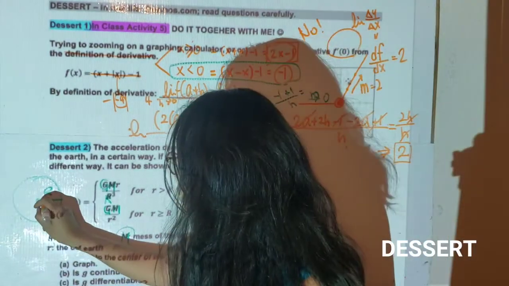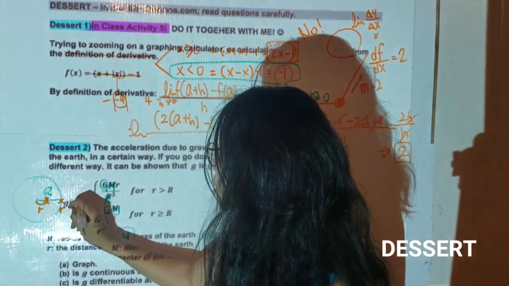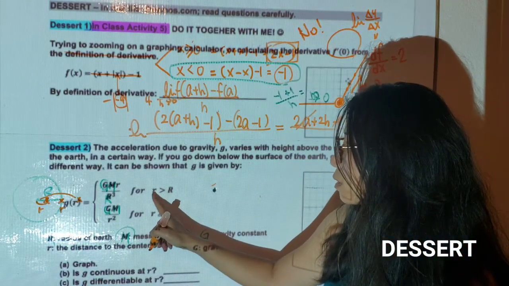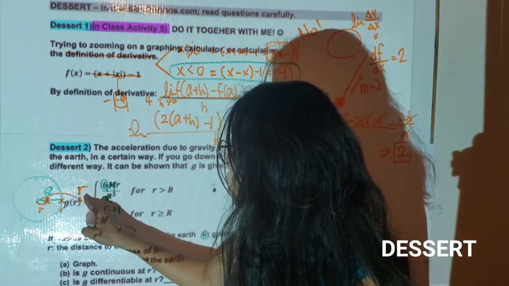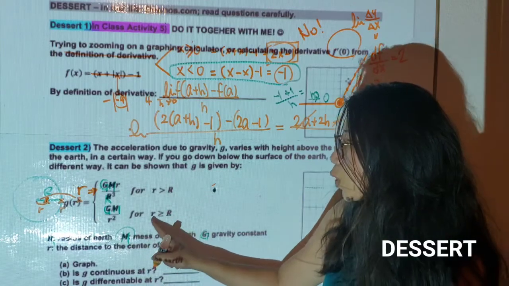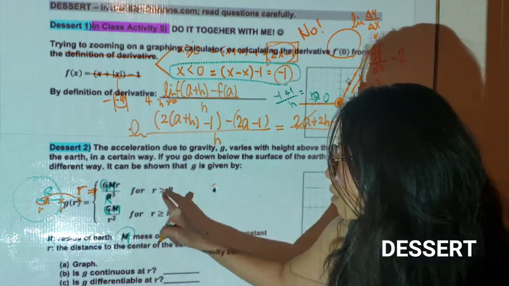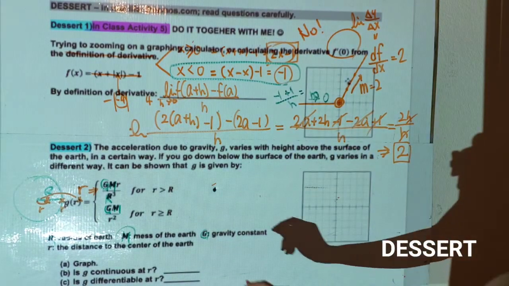So r can be here, it can be here, it can be here. What they're saying is about your location relative to big R. If your r is here, then you're going to use the first one as your function. I need to change one of them, right? Let me double check. Fix this one.